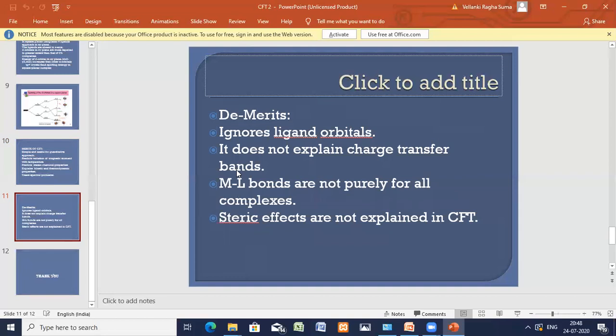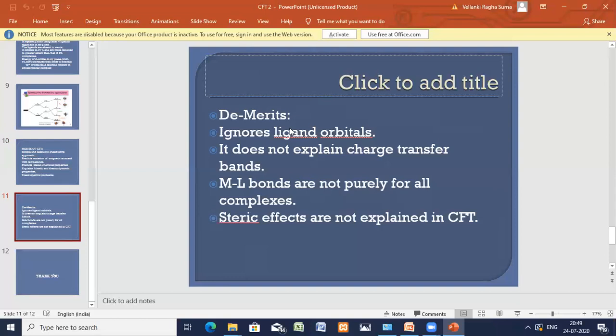Everywhere I'm talking about the metal orbitals, but I'm not able to give you an explanation of the ligand orbitals. So the orbitals of the ligands are neglected in this theory. It just concentrated on the d orbitals of the central metal ion. The splitting of the central metal ion d orbitals is explained, but the ligand orbitals are ignored.